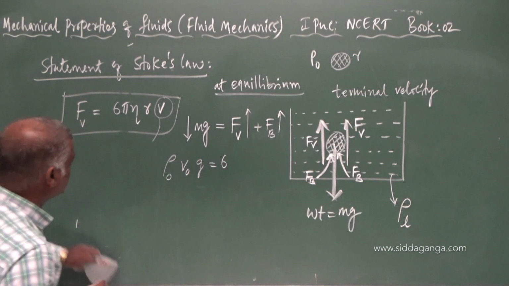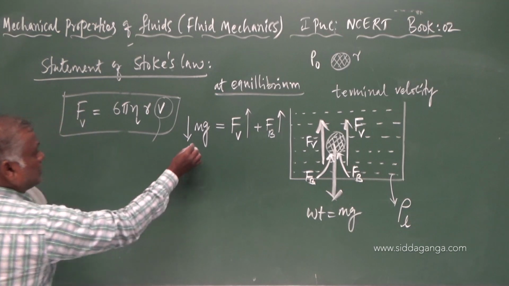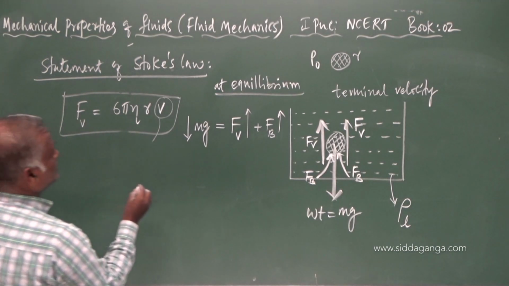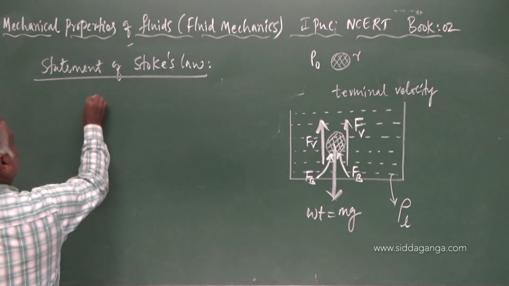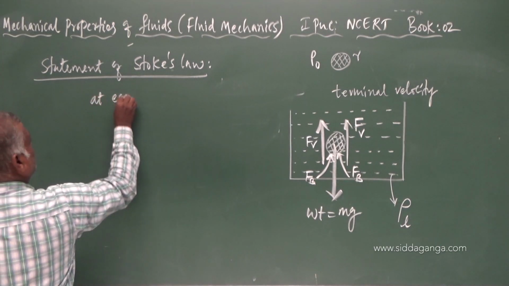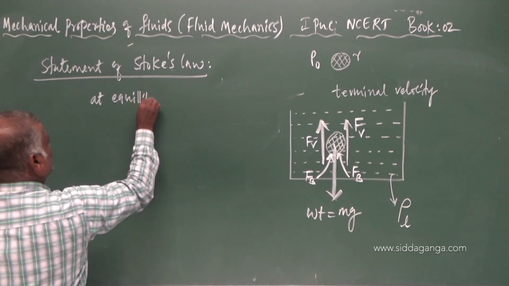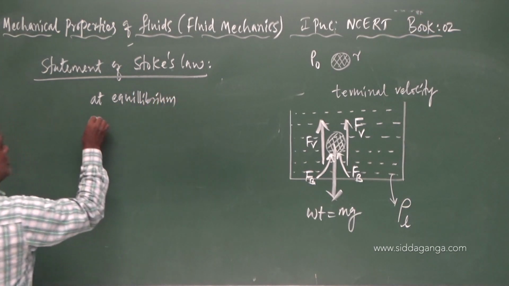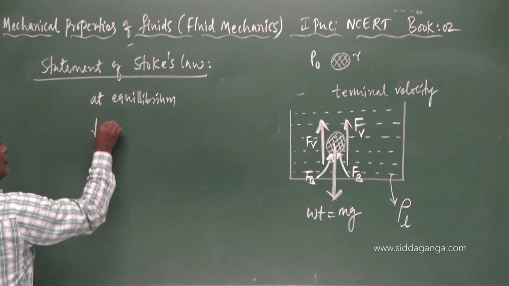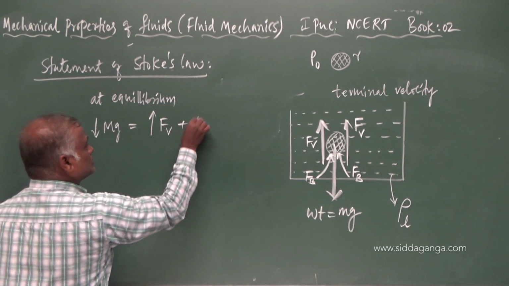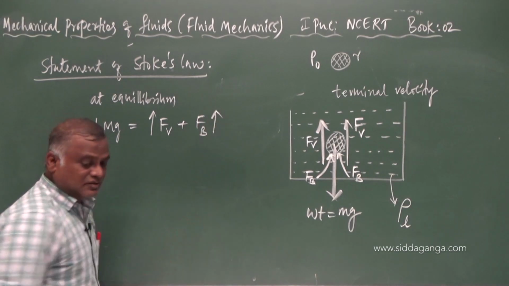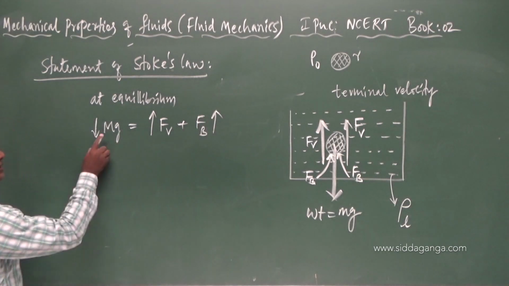I need a space here. mg at equilibrium. The downward weight of the body should balance the viscous force and the buoyant force, or you say upthrust.